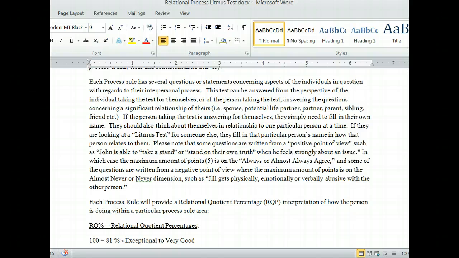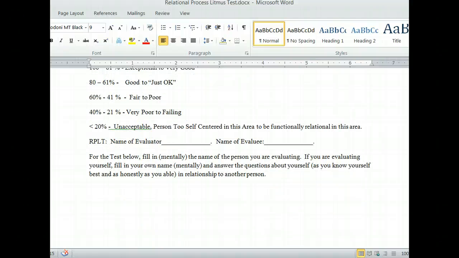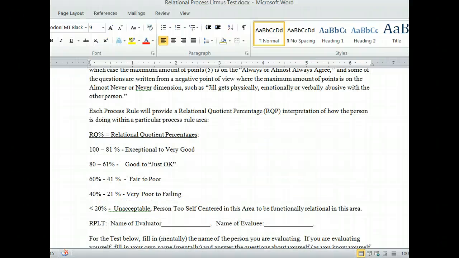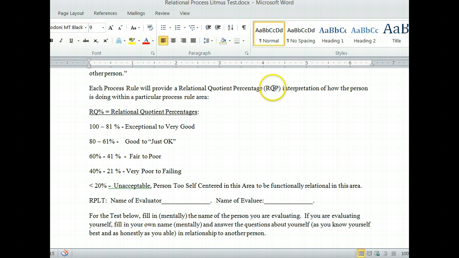Each process rule will provide a relational process quotient, RPQ, interpretation of how the person is doing within a particular process rule area. So the relational quotient percentages are such.